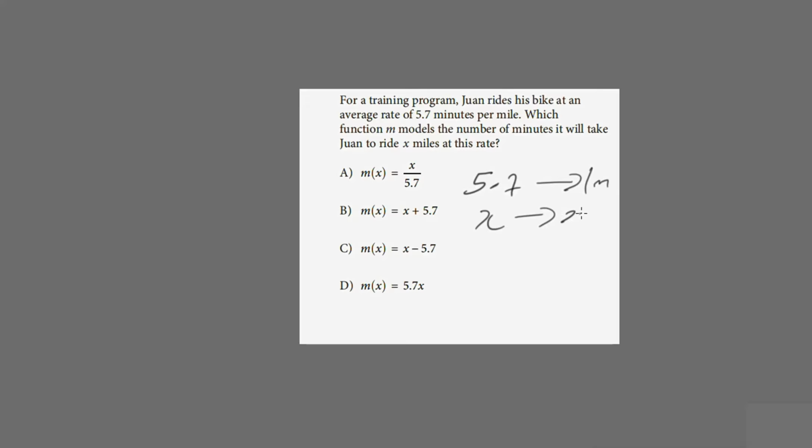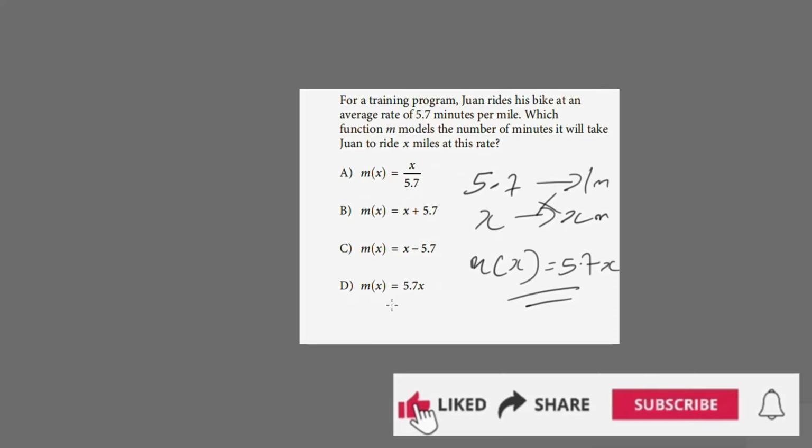We have X miles. Okay, so when you cross multiply, you're going to have M of X miles equals 5.7X. So the right function model for this expression we have here is option D. Okay, so that's the answer to this question.